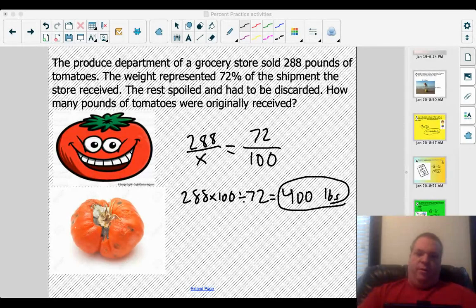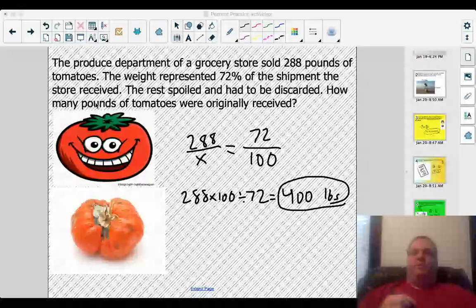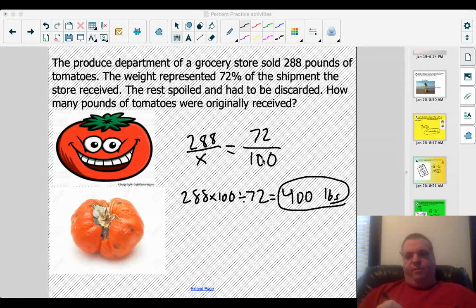All right, welcome back. Hopefully you got an answer of 400 pounds of tomatoes. So set up a proportion. 100 is always here. 72%, it tells me that 28 pounds that they sold was 72%. So this is the percent that they sold. This is the amount that they sold. What I want to know is the total, the whole.